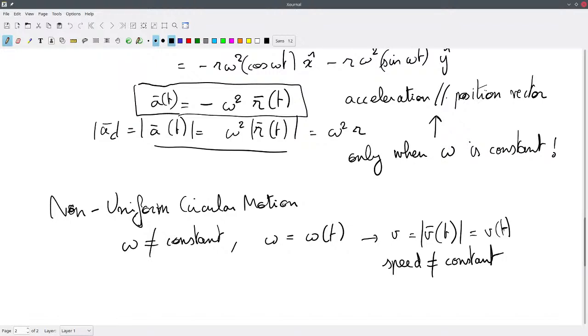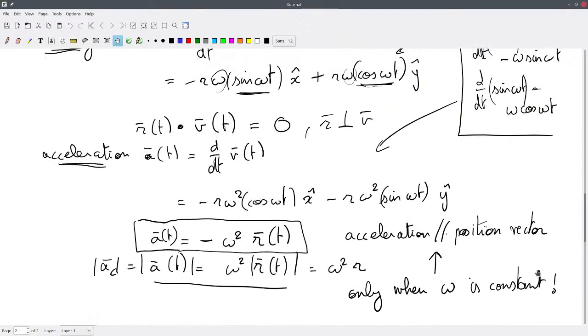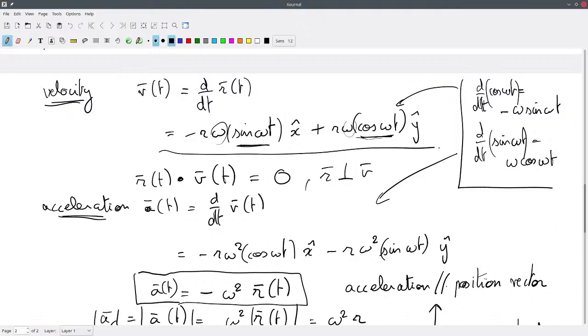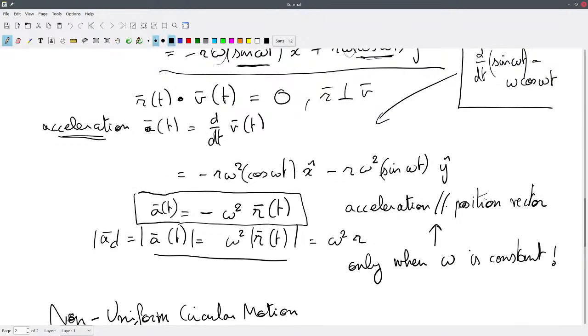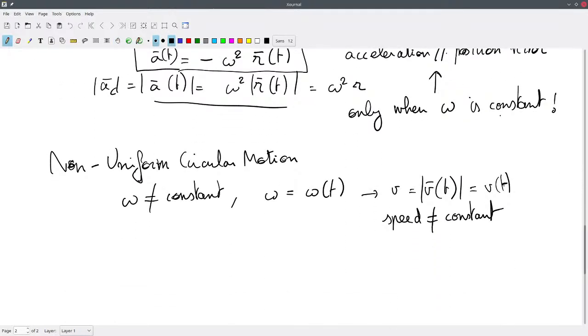If there's now a change in omega, that will give us additional terms in our expression for the velocity here, in our expression for the acceleration here. And in particular, what it will do is it will introduce in our general acceleration vector, it will still have a centripetal component, but it will introduce a tangential component as well. So this one is going to be proportional to the radial direction.